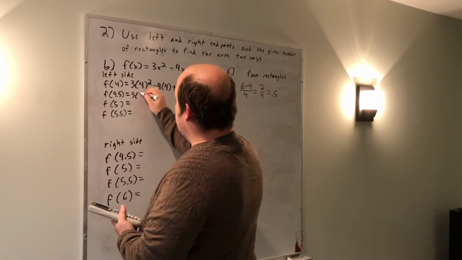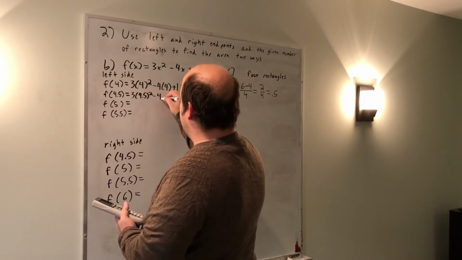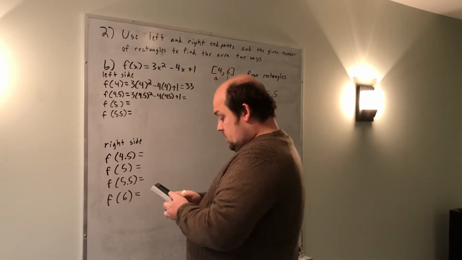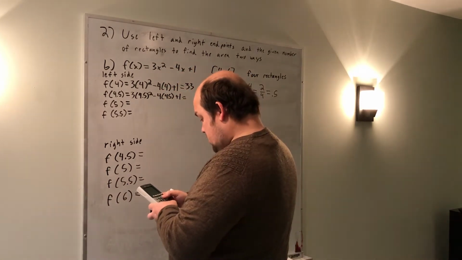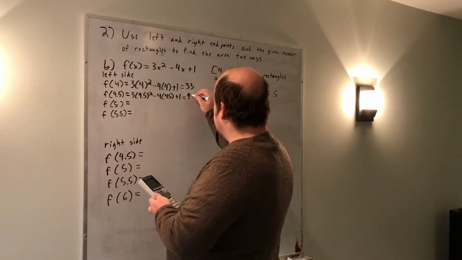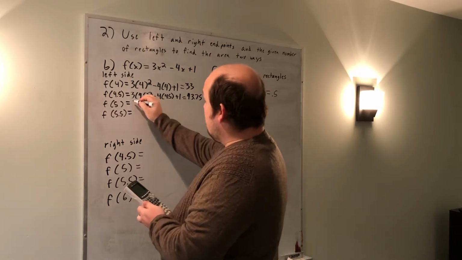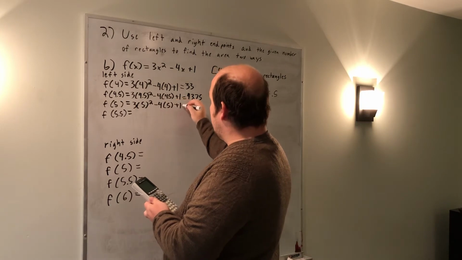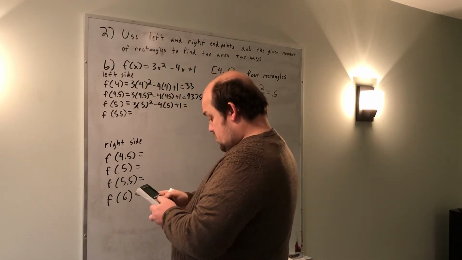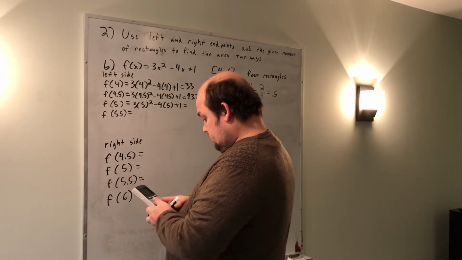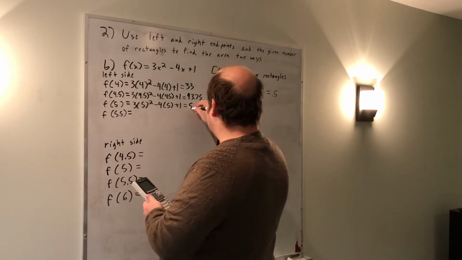If I now do 3 times 4.5 squared minus 4 times 4.5 plus 1, that answer is 43.75. When I do it for 5, 3 times 5 squared minus 4 times 5 plus 1, that gives me 56.